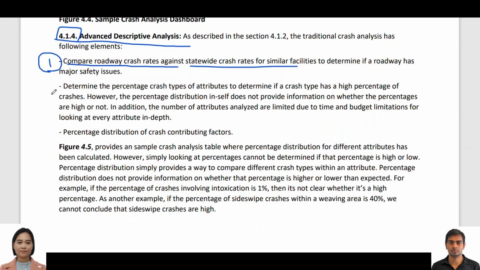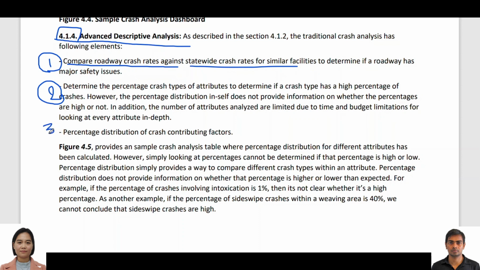Now the second thing is we look at the distribution of crashes. I will explain this one through the table which is available on the next page, and then the percentage distribution of crash contributing factors.